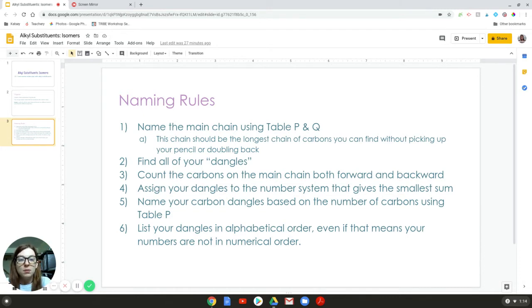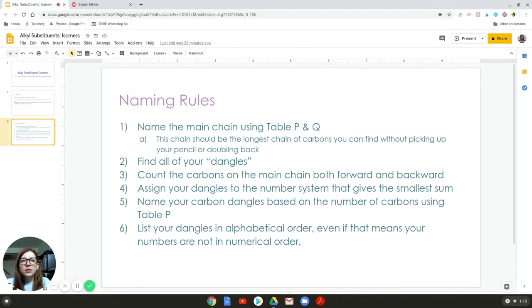We're going to count them forwards and backwards, because just like when we were naming and trying to give the location of the double or a triple bond, we want all of the special things on this carbon chain to give us the smallest number possible, so that it's just easy for all of us to communicate when we're working on the same system. Then our dangles are going to be assigned numbers. We can't mix and match number systems. So all of those numbers need to add up to the tiniest number possible.